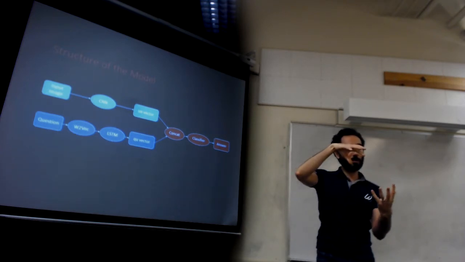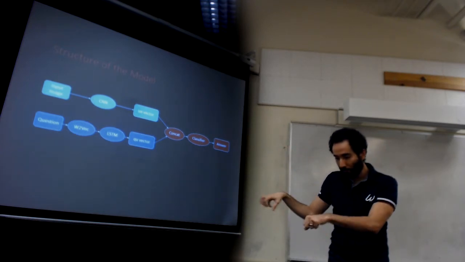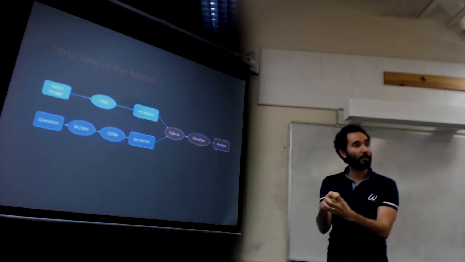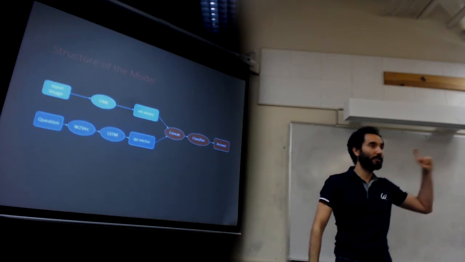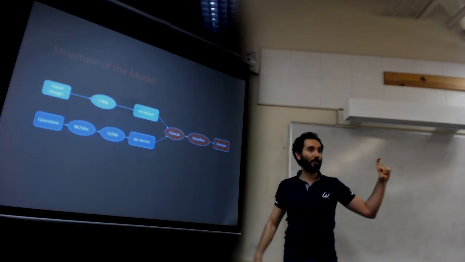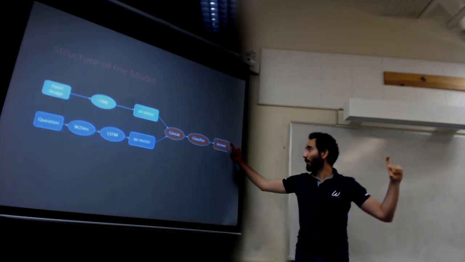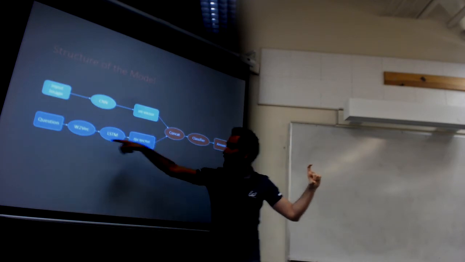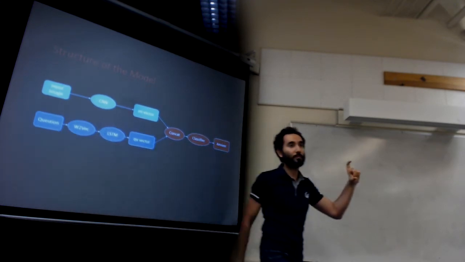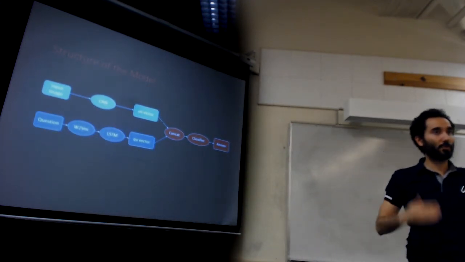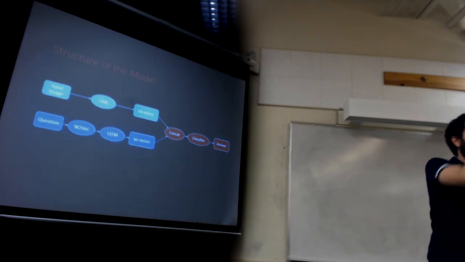So the classifier gets the information from these vectors and combines them into one condensed final thing. And it will give you back a word vector that you can then translate into words. So it gives you back a vector and you translate it into words.